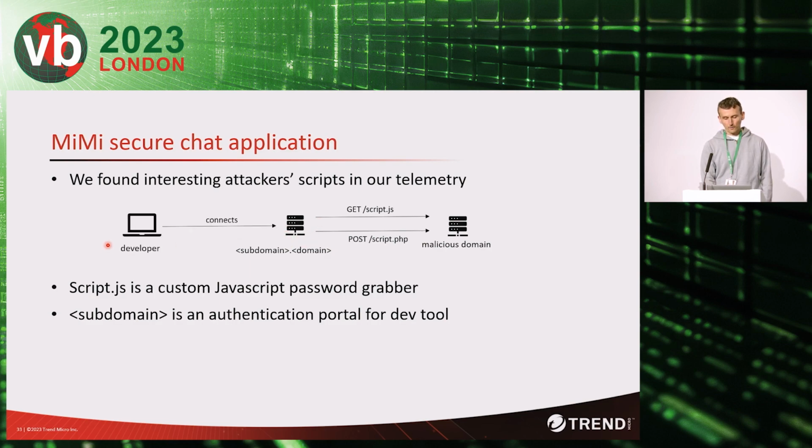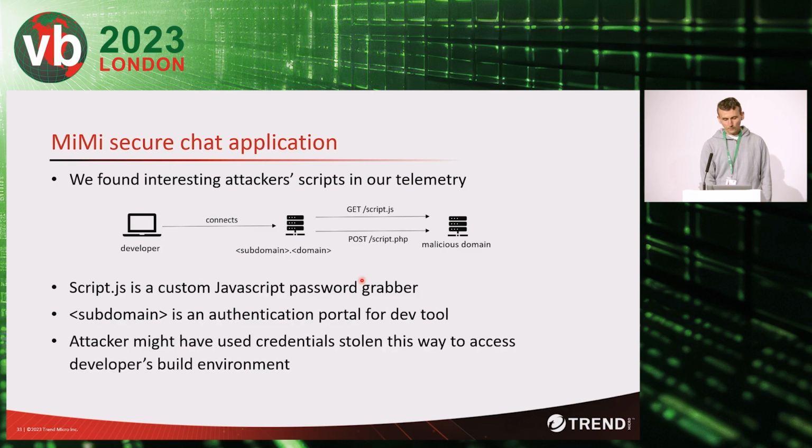The developer connects to the authentication portal, and this JavaScript password grabber was likely injected into it. So during the login process, the credentials get exfiltrated, and then the threat actor can probably have access to the build environment and modify the application.